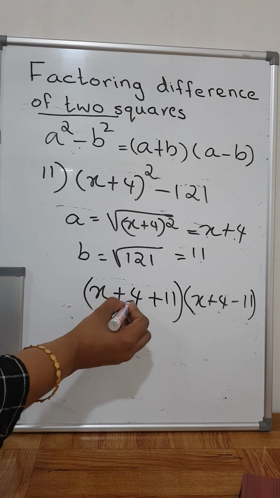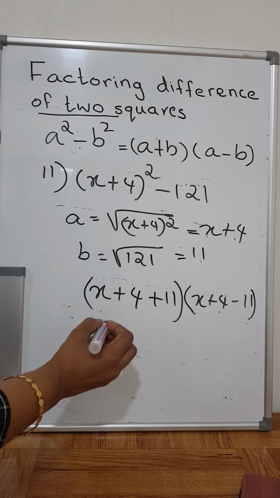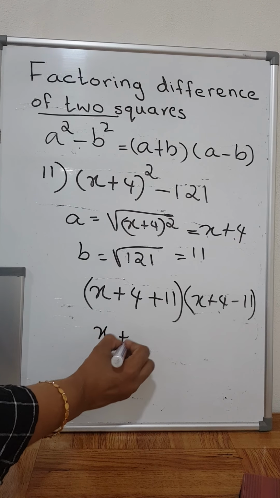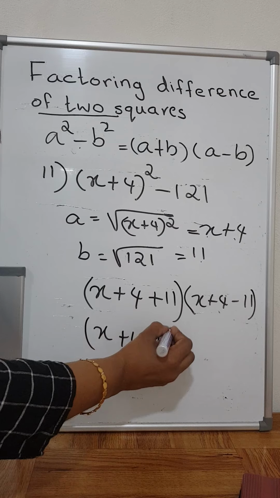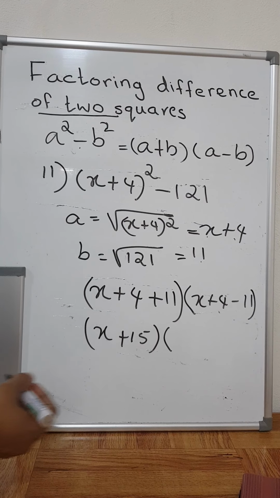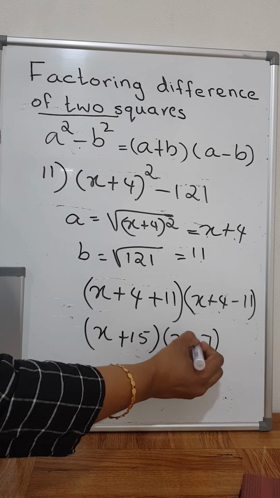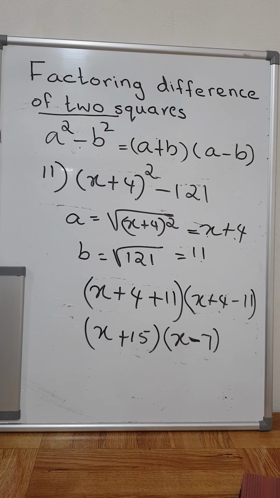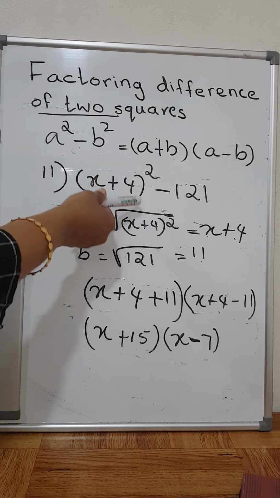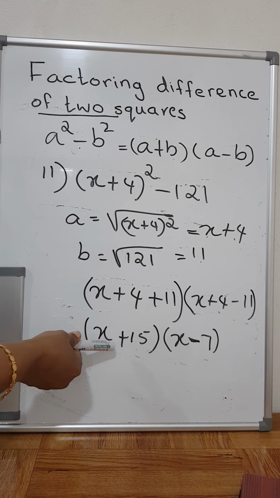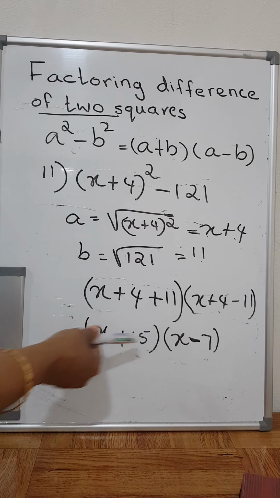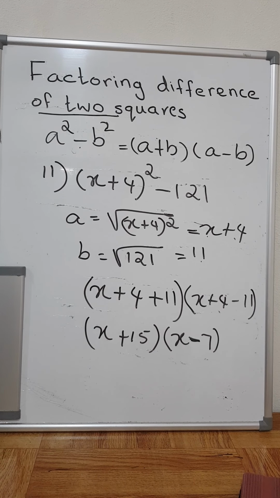So x plus 4 plus 11, 11 plus 4 is 15. So x plus 15 times x plus 4 minus 11, that is x minus 7. You see, the factors of (x plus 4) the whole square minus 121 are x plus 15 times x minus 7.